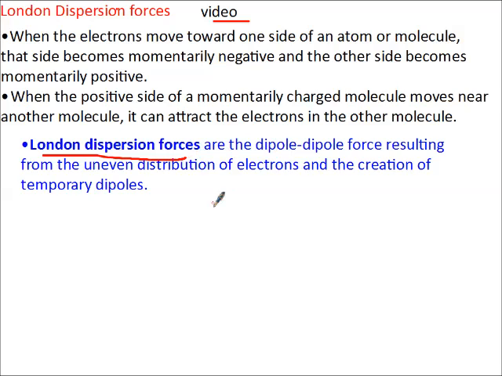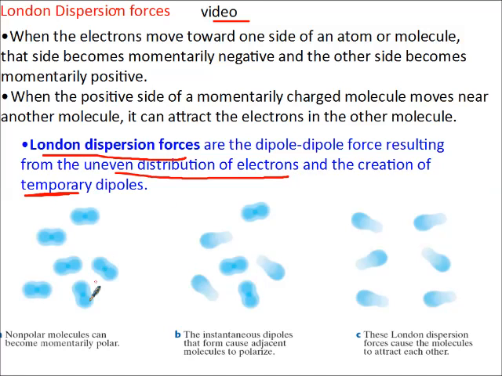But with these London dispersion forces, because the electrons are moving, sometimes they end up with more electrons on one side than the other, which creates what's called temporary dipoles. So I have a nonpolar atom right here, and I have the electrons moving, and as they move, now my electron cloud is more negative on this side and more positive on this side.